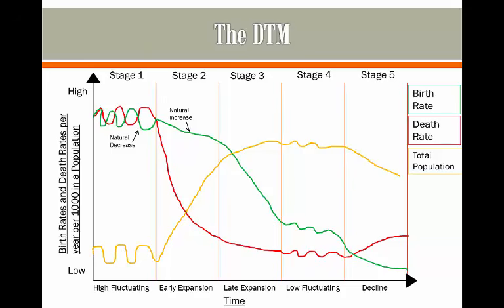Really, at the end, it may be level with the death rate. You don't really have to be that precise, but the death rate and birth rate begin to fluctuate again. We will look at the reasons why later in the video. And in the end, in the decline of stage 5, the death rate eclipses the birth rate, hence causing the population to decrease.